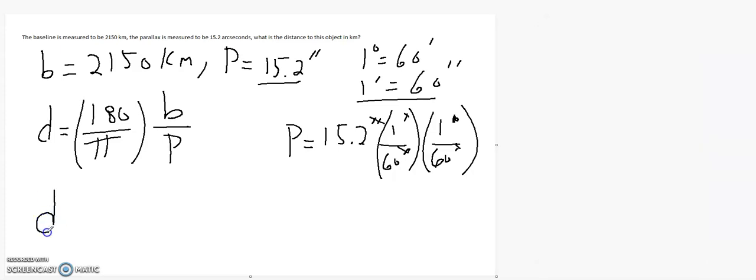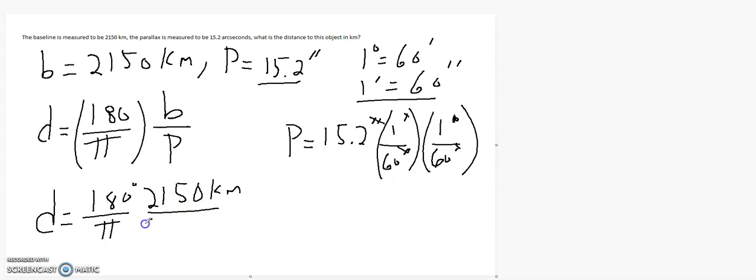So the distance is going to equal 180 divided by pi times the baseline, which was 2,150 kilometers. Remember, this is degrees, by the way, and the 180 is degrees, and then what was it again?